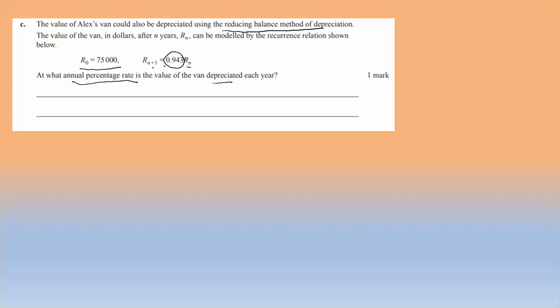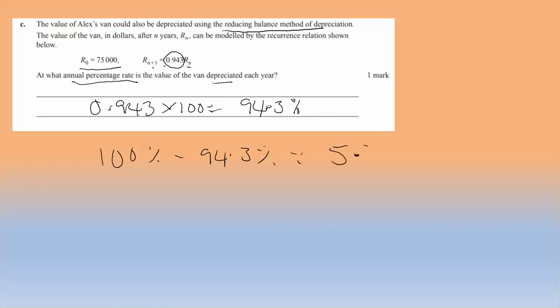Or I can make that a percent by times by 100, 94.3%. So it's worth 94.3% of the value of the previous year. So how much is it depreciated then? Well, it's 100% minus 94.3% equals 5.7%. That's our answer.